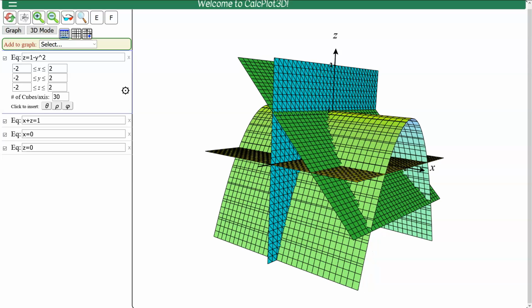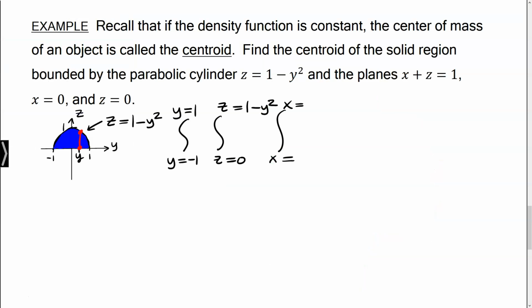So that's telling us for a fixed y and z, x should range from 0 all the way out to 1 minus z. And that's the limits for x. And whatever it is we're integrating here, it's going to be dx, dz, dy.